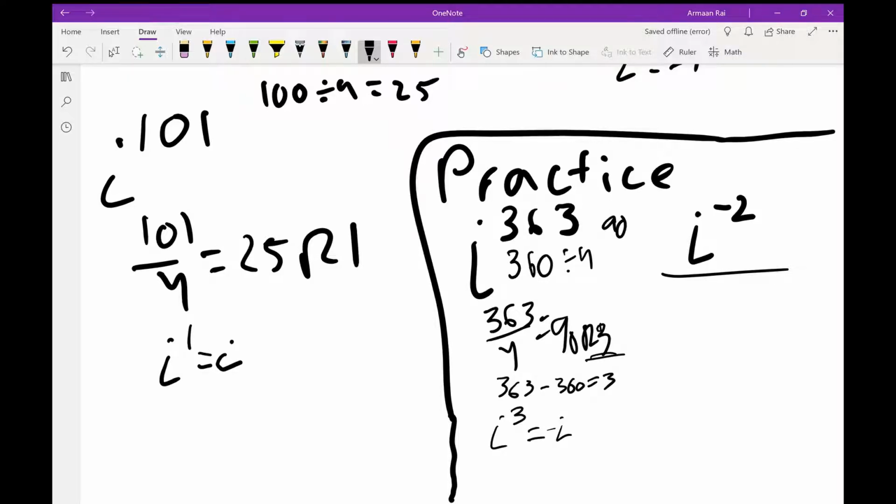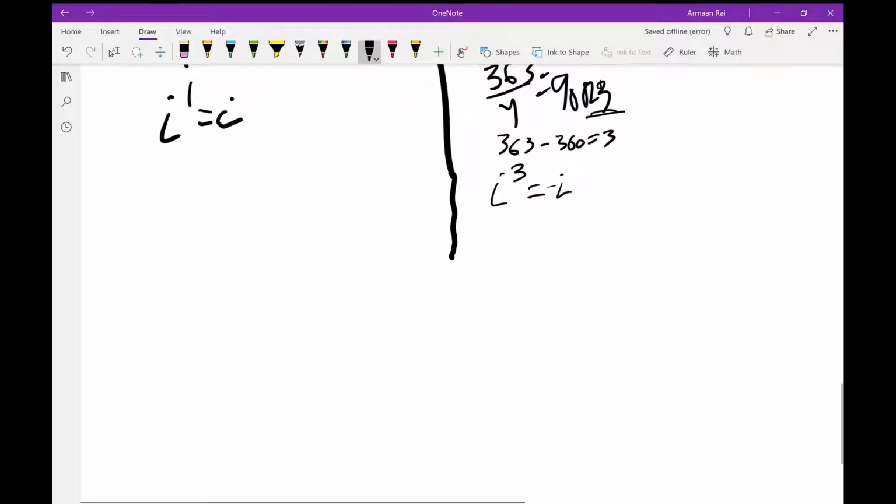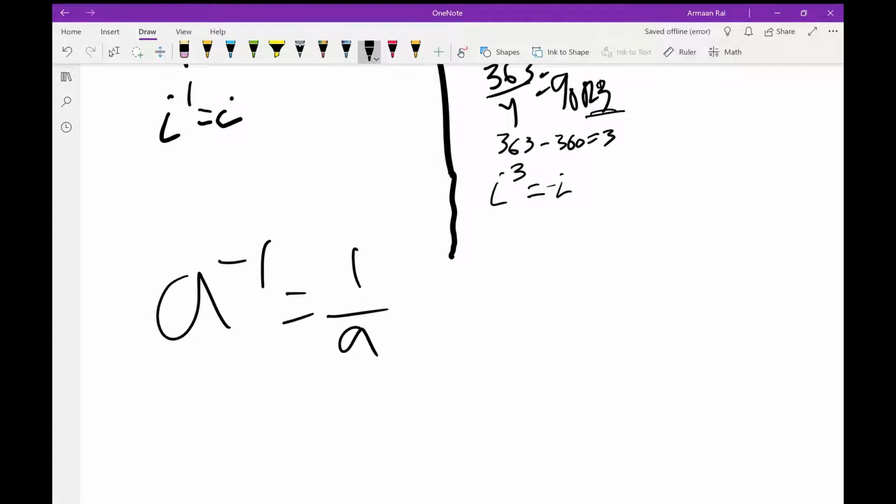We know that when you have any number to a negative power, you put it in a fraction. So if you have a to the negative 1, it equals 1 over a. Or if you have a to the negative 73rd, you get 1 over a to the 73rd.